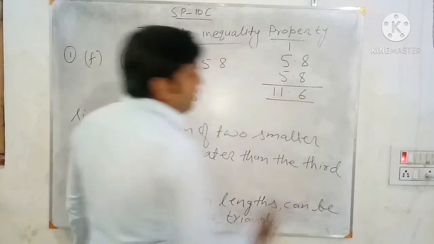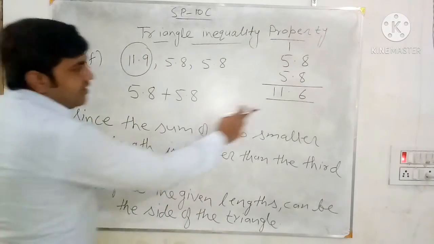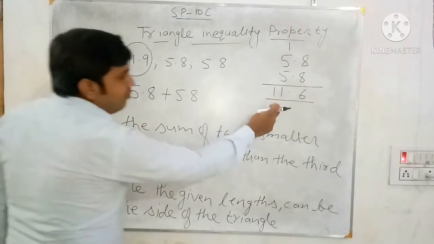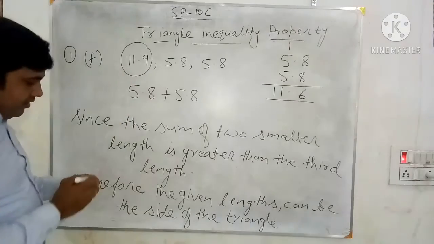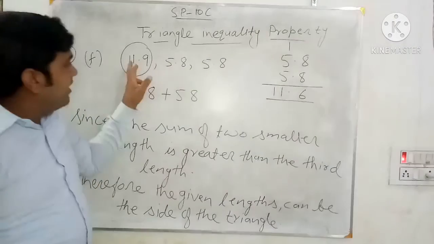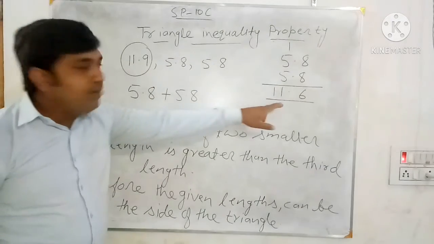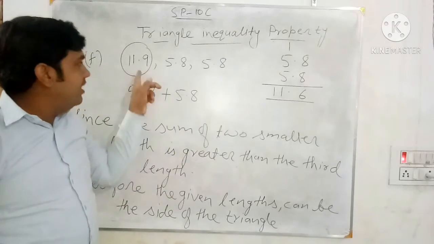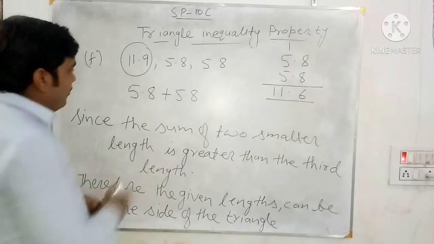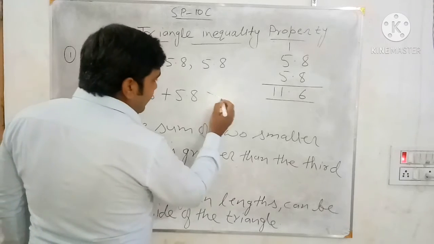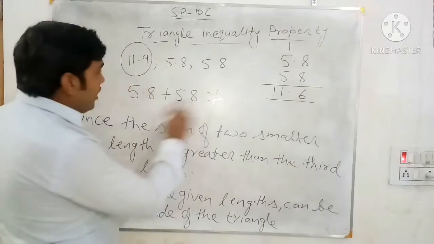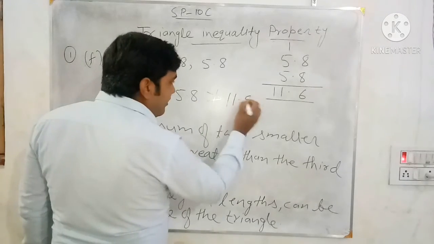So we get 11.6. The sum of the two smaller lengths is 11.6 and the largest length is 11.9. This sum must be greater than the largest, but here we are getting a smaller value. So you write: 5.8 plus 5.8 is not greater than 11.9.